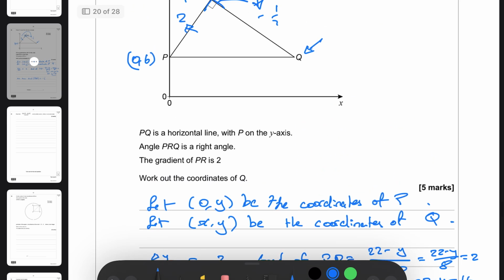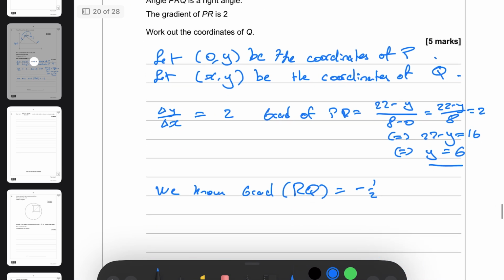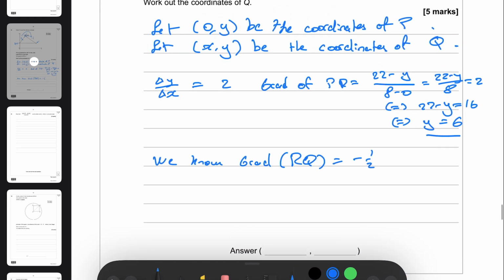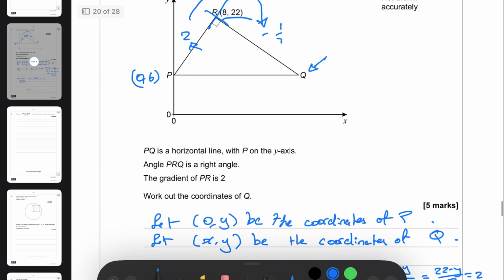So we go from point R, so we have change in y is equal to 6 minus 22 divided by change in x, which is x minus 8. Is that right?